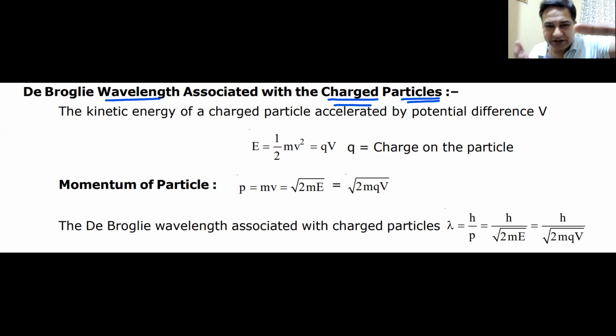How many charged particles do you know? The simplest one is an electron. We know this, electron. Yes, sir. Then, what is the next thing that comes to your mind? Proton. That is also a charged particle. So most of the questions will come either on electron, proton, or one or two other things.